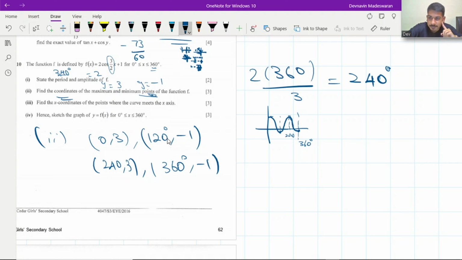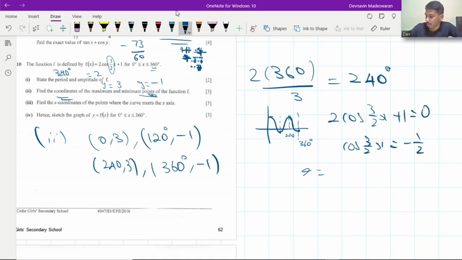Find the x coordinates of the points where the curve meets the x-axis. So this is just sub in y equal to 0. So let's do that. 2 cos 3 over 2 x plus 1 is equal to 0. So cos 3 over 2 x is equal to negative 1 over 2. And then alpha is equal to 60 degrees. Yeah, cos inverse 0.5 is 60 degrees.